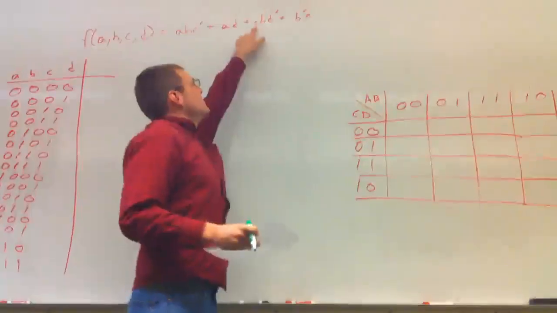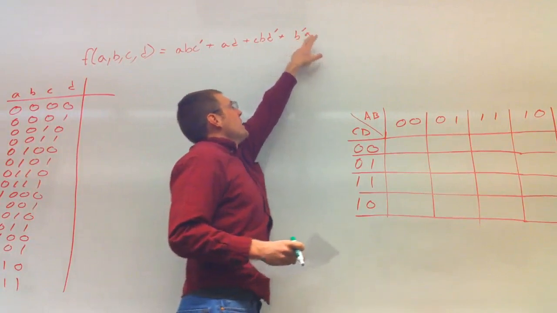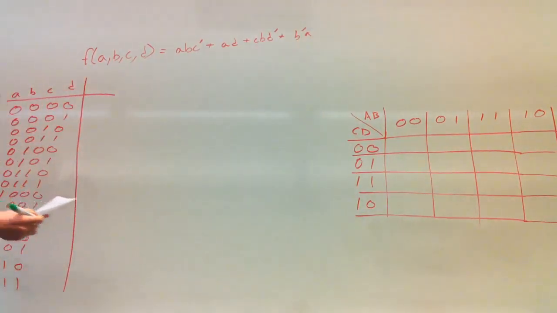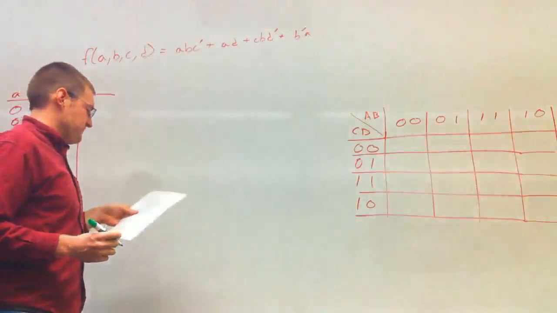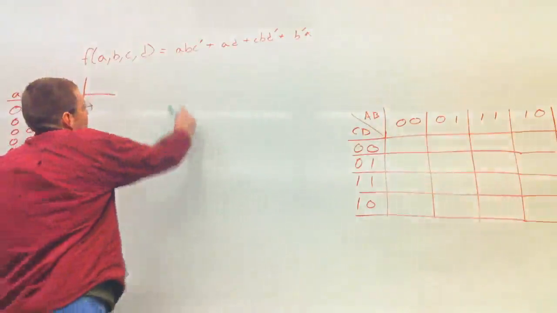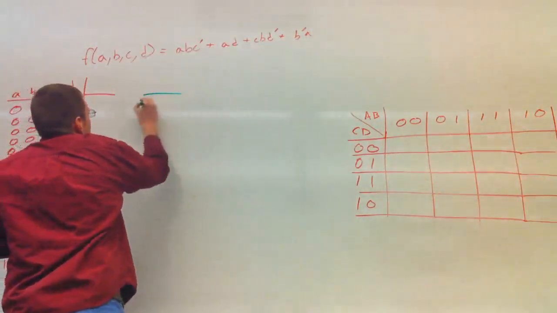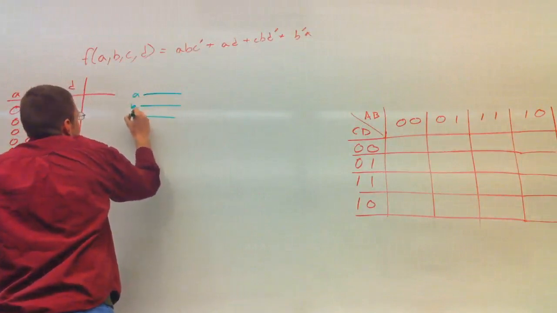D are C and B, and D naught are B naught and A. So I can first start by drawing this circuit out. I see that I have A, B, C naught. So I'm going to draw all my inputs.